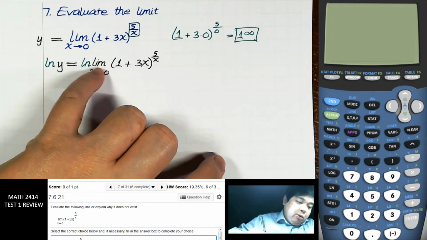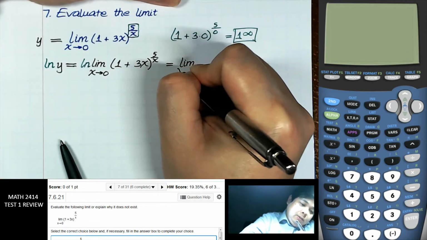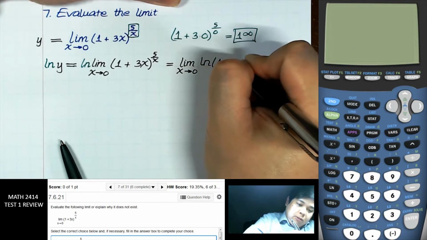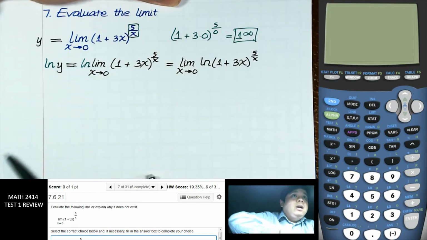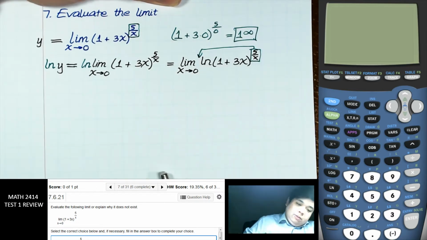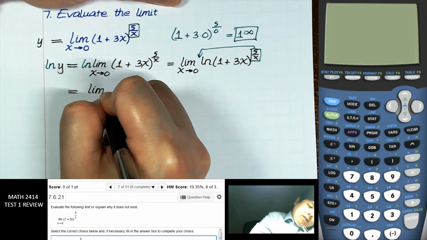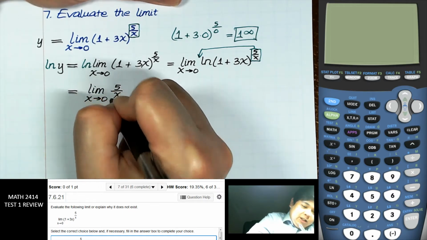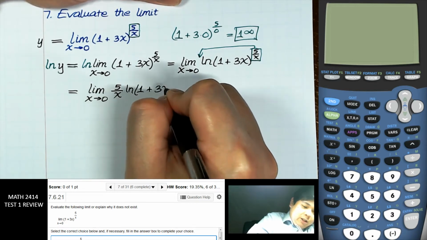For that, I can take the ln inside the limit, and we can bring the exponent outside. So I have the limit as x goes to 0 of 5 over x times ln of 1 plus 3x.